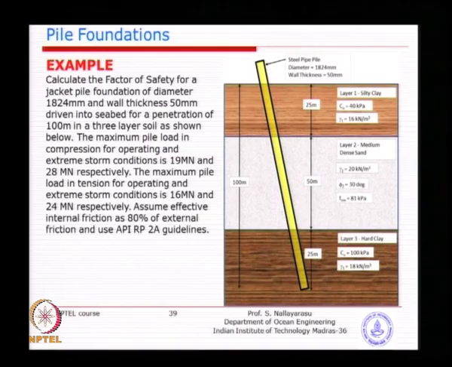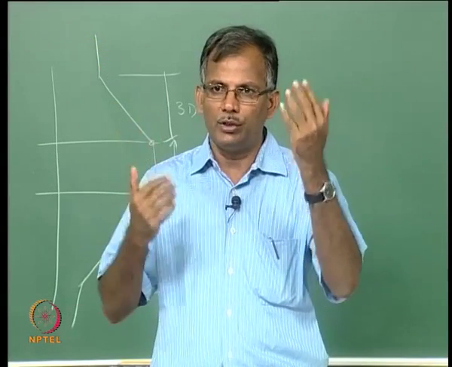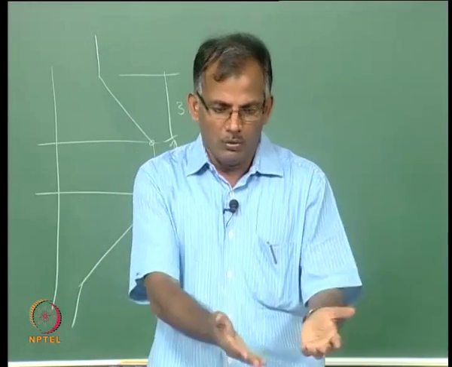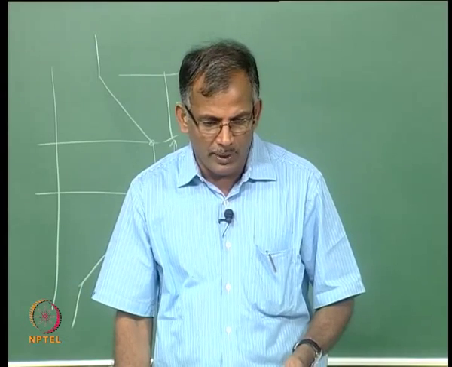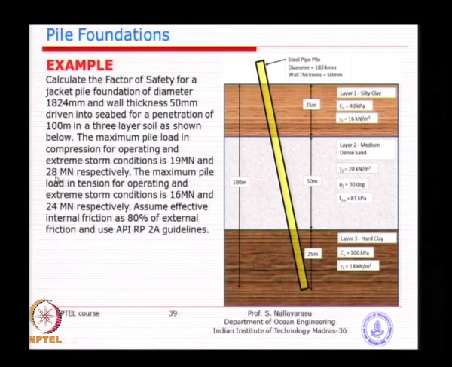So, now you see there are 2 different numbers, one is 42, the other one is 38. Now, you can conclude that it is governed by the storm condition. So, you need to look for this 42 meganewton of ultimate capacity as a minimum. So, that is the idea behind why these numbers are given.